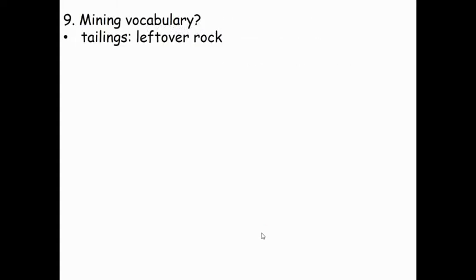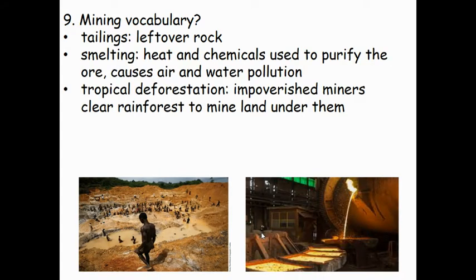That's some vocabulary. So tailings are rock waste that are left in piles or put into ponds where they settle out. Smelting is part of the purification process, and it uses some things that can lead to pollution.